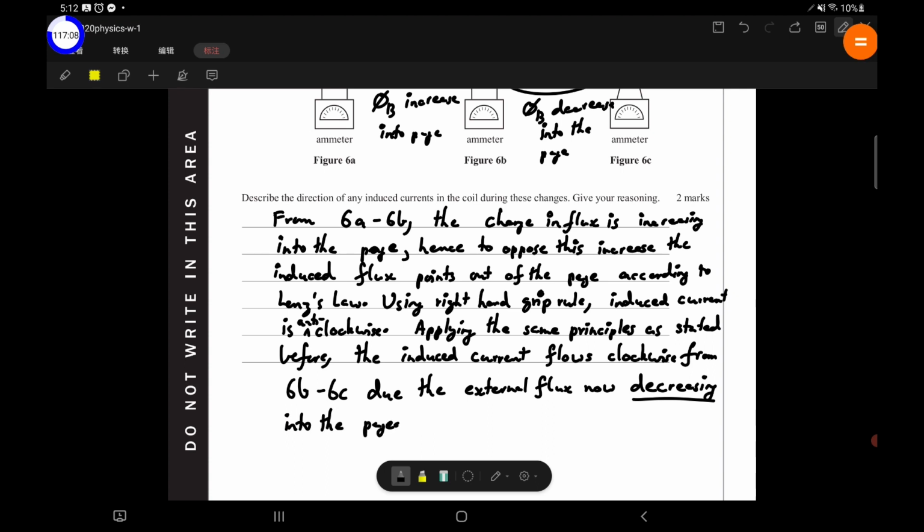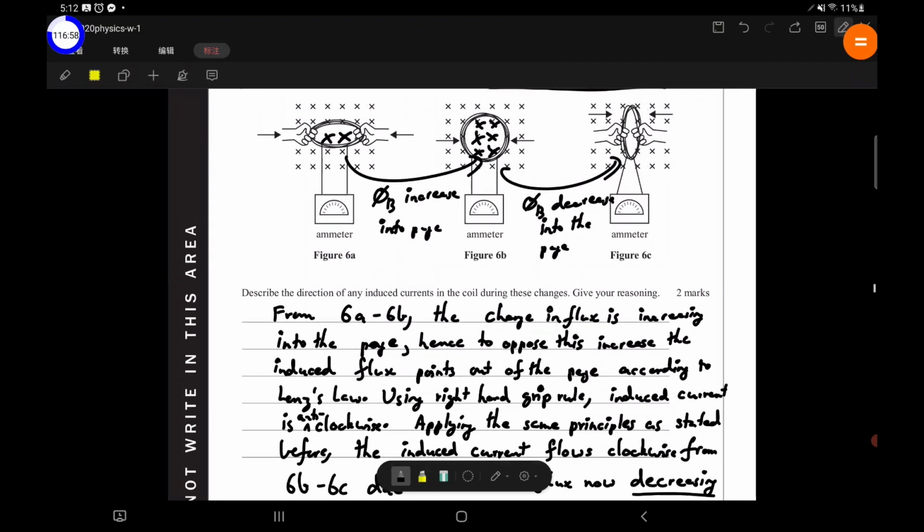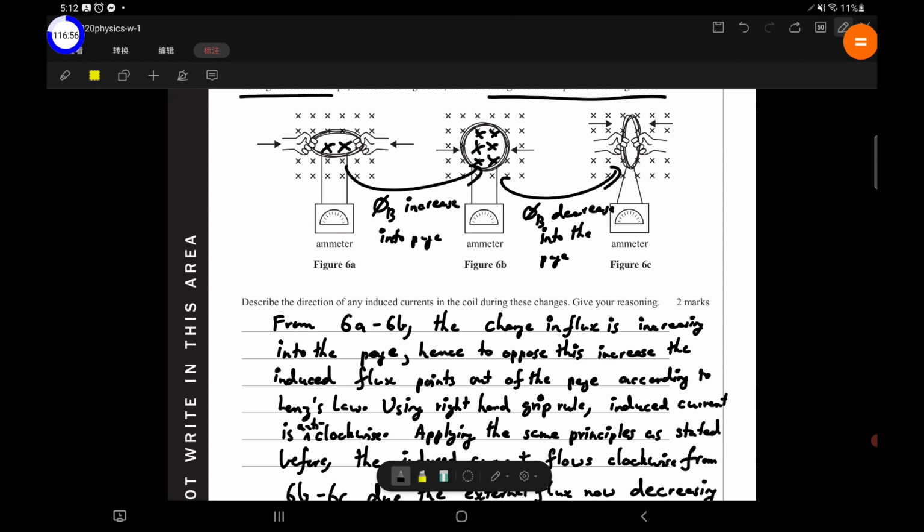All right, so I know this is a behemoth of a response, but believe it or not, you do need to write this much to be confident that you get those 2 marks. The first part of the response is explaining the transition from 6a to 6b, how we have an induced flux pointing out of the page.